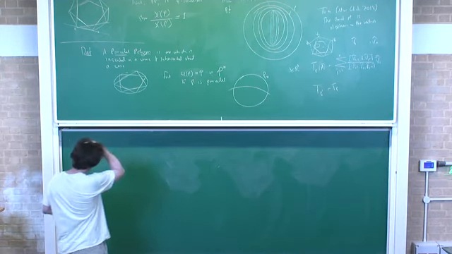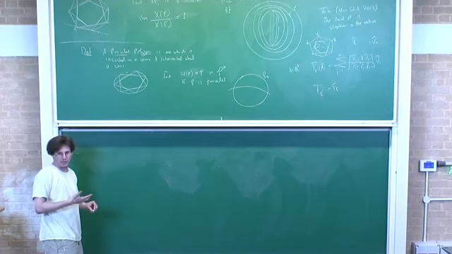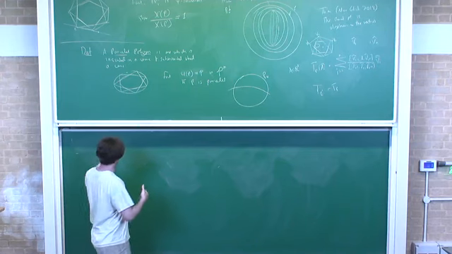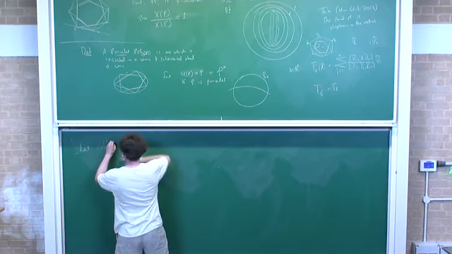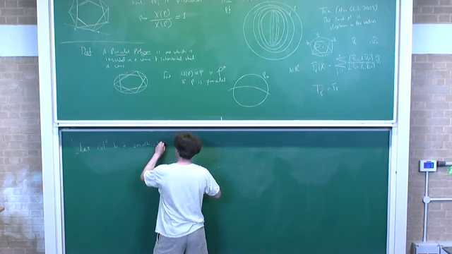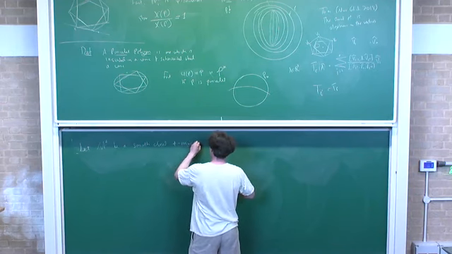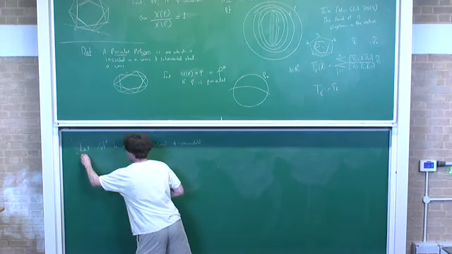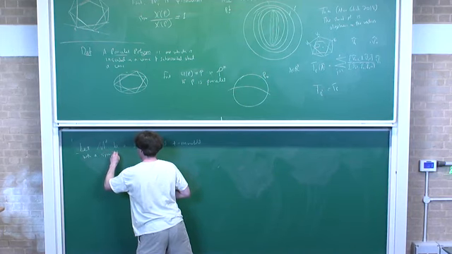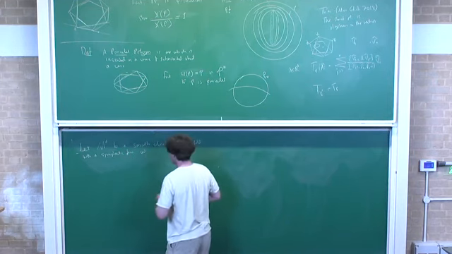Okay, so you start out with a symplectic manifold. Let's start out with the simplest case, a symplectic manifold that is a 4-manifold. So this would be a smooth closed 4-manifold M4 with a symplectic form omega.